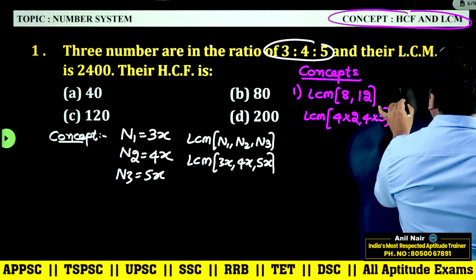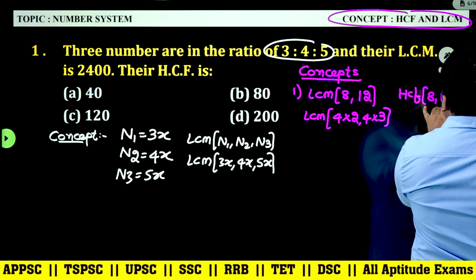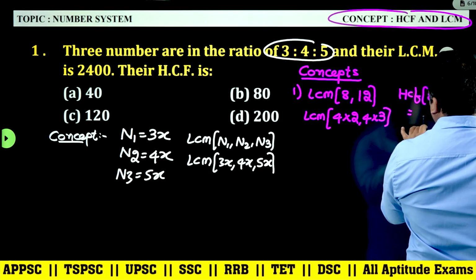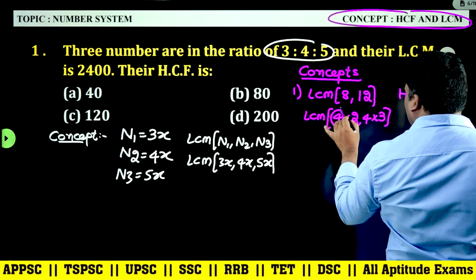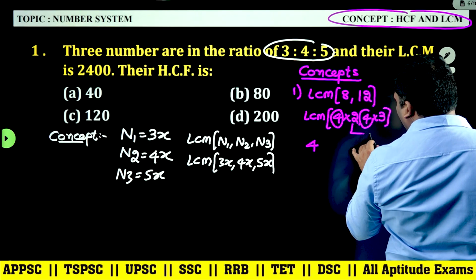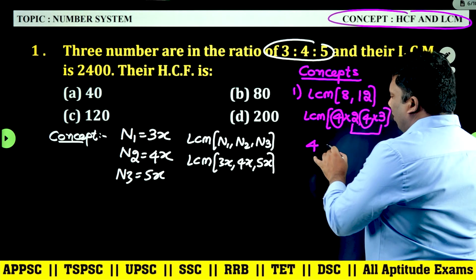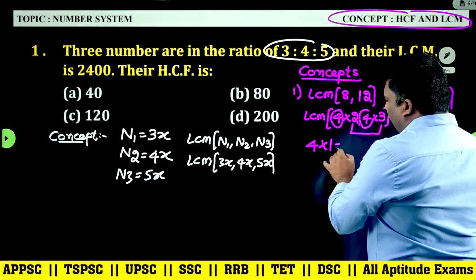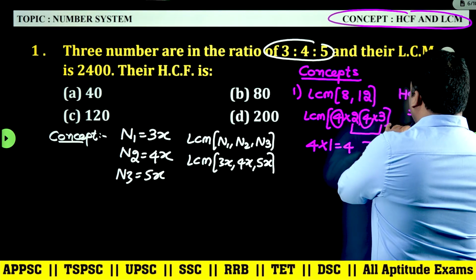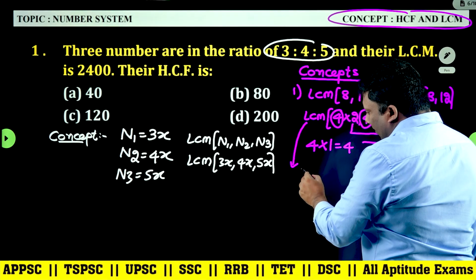So the HCF of 8 and 12 is 4. Is there any value common in 2 and 3? No. So it is 4 into 1, and 4 is the HCF. Now how do we find the LCM?